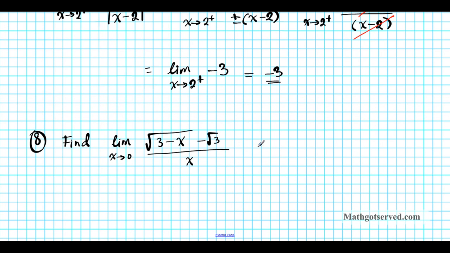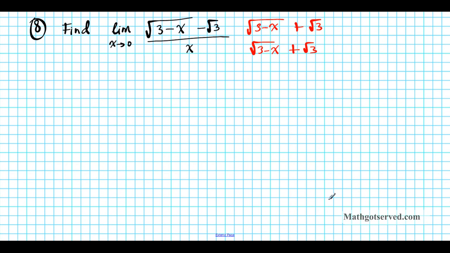Okay? So to rationalize the numerator, we'll multiply the numerator and the denominator by the conjugate of the numerator. Okay, you get the conjugate of the numerator by switching the sign in the center. All right, now let's multiply this out.